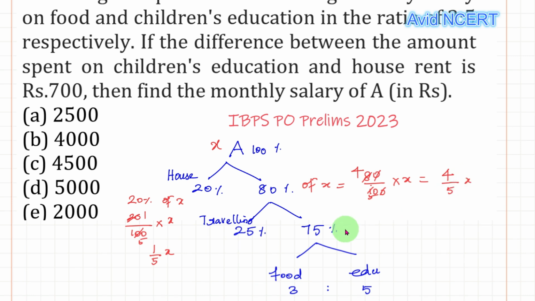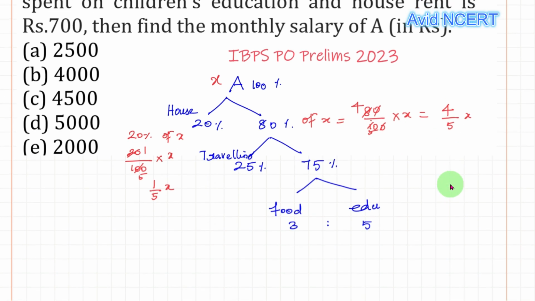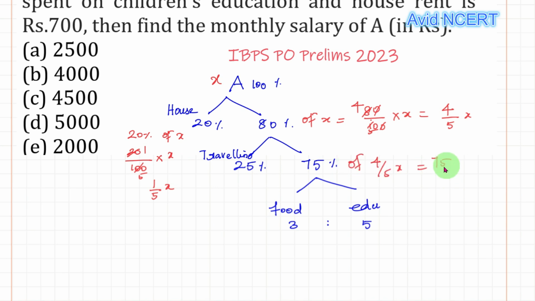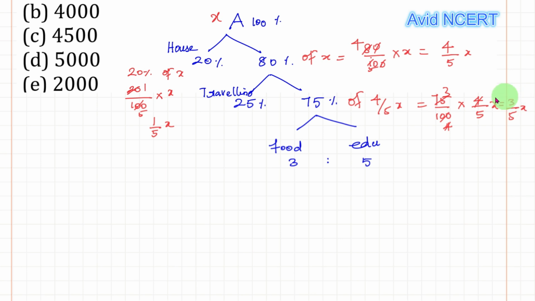So 75% of this 4 by 5 X equals 75 by 100 times 4 by 5. The 75 by 100 can be taken as 3 by 4, so the 4 gets cancelled, which equals 3 by 5 of X. Out of this 3 by 5 of X, the total parts here are 8 parts, since 3 plus 5 equals 8.